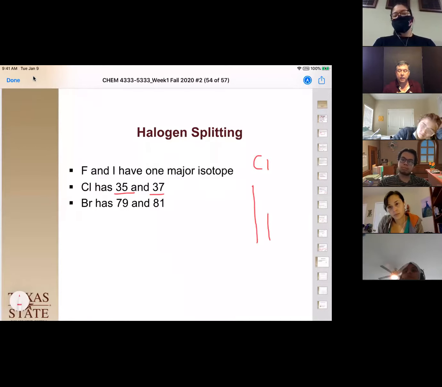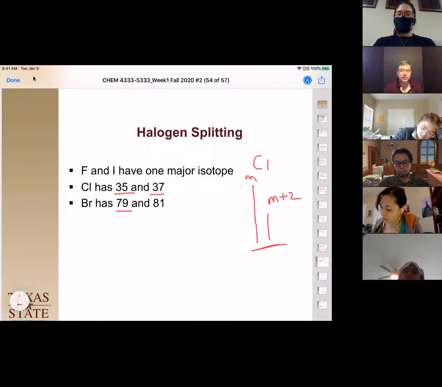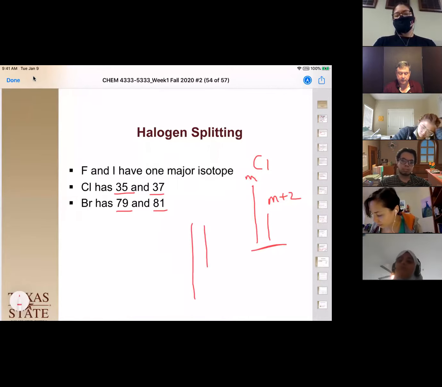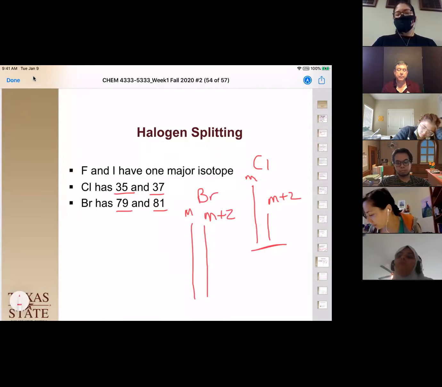And they are an M and an M plus 2 peak. So M stands for mass, and mass plus 2 gives you this pattern for chlorine. If you have 1 bromine, because this is 100 and about 95, we actually see almost even peaks at M and M plus 2 for bromine, okay?